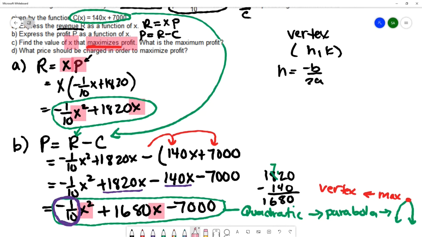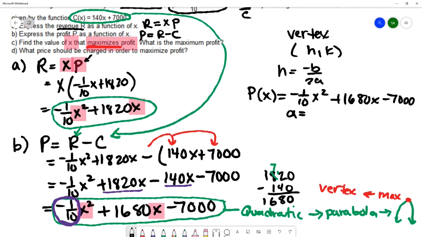of that quadratic. So for our quadratic, we have that profit function, P of x equals negative 1/10 x squared plus 1,680x minus 7,000. The value of a is the coefficient of the squared term, negative 1/10.